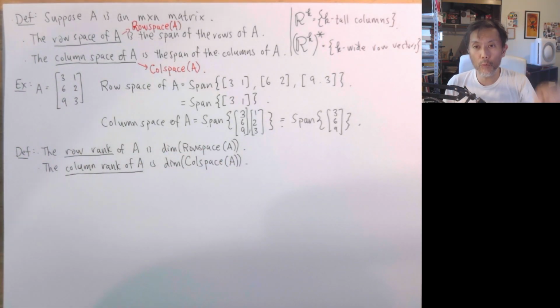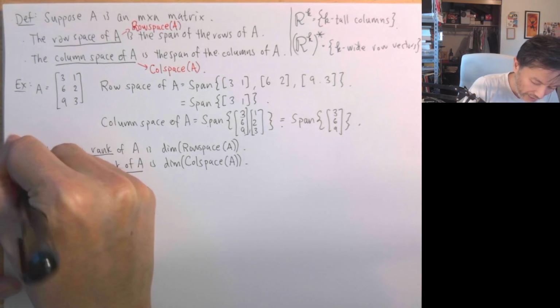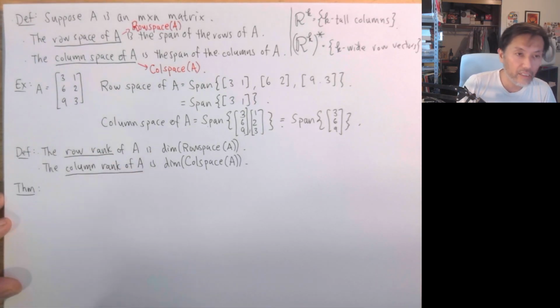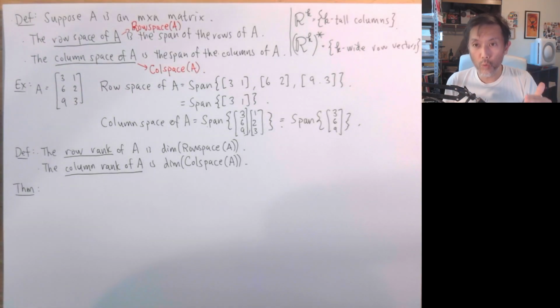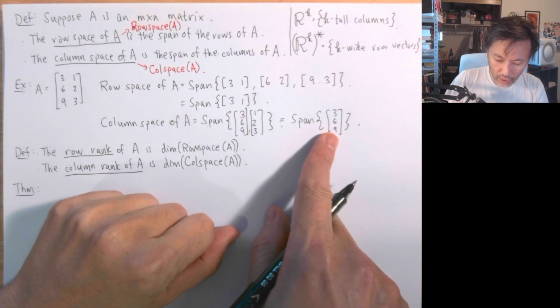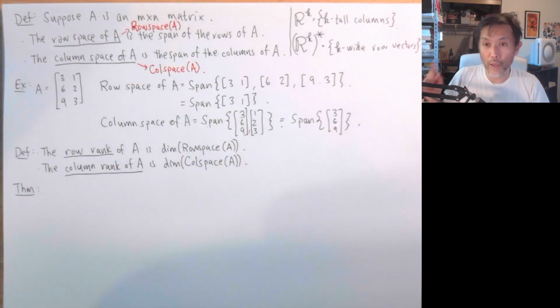The theorem that we want to prove, and I'll announce it, is that the row rank of A is always equal to the column rank of A. The fact that this was one-dimensional and this was one-dimensional, and that 1 is equal to 1, is not a coincidence.